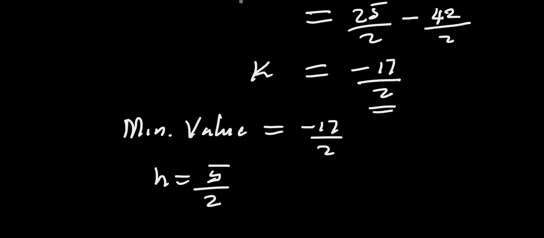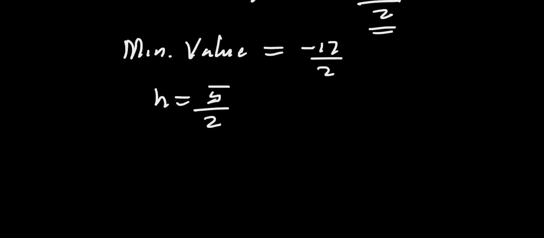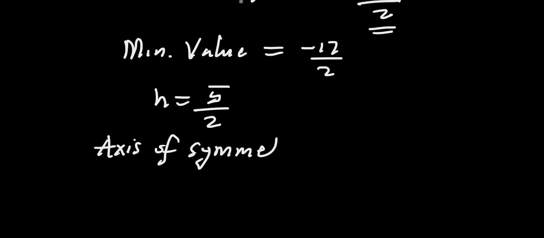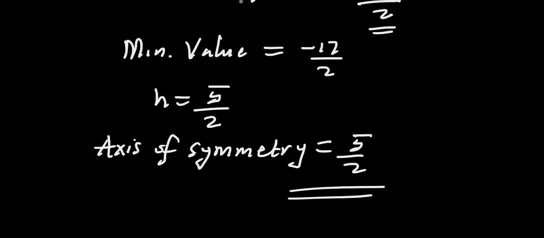And h represents the axis of symmetry. So the axis of symmetry is equal to 5 over 2. So this is the answer to the first question, question A.